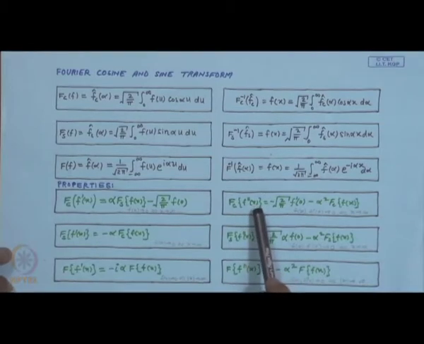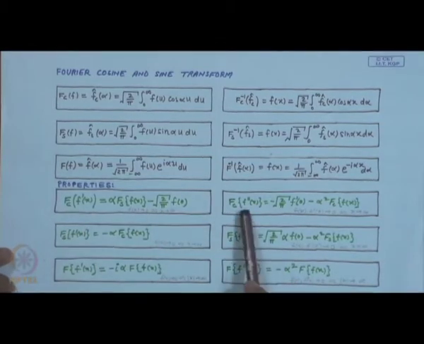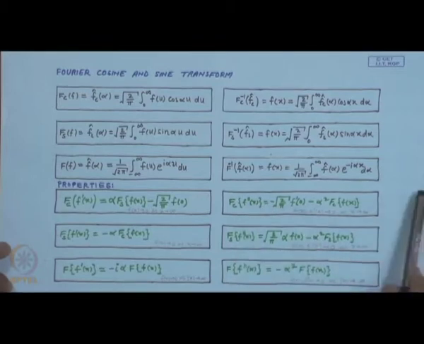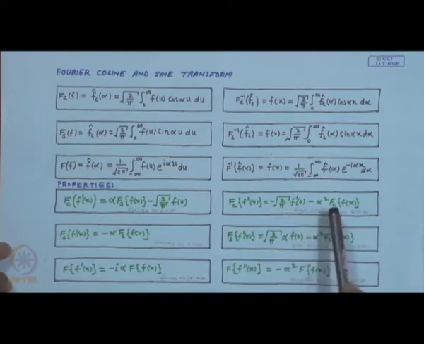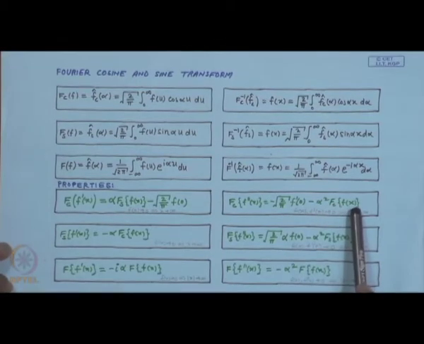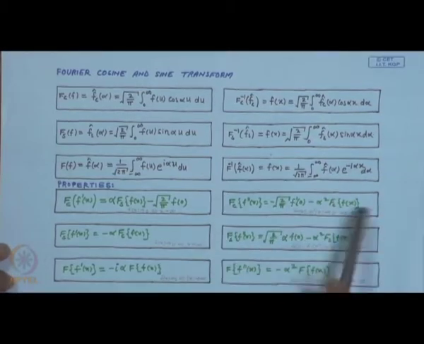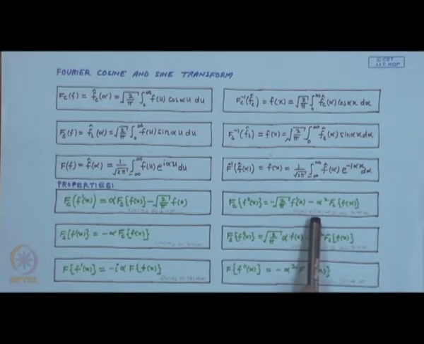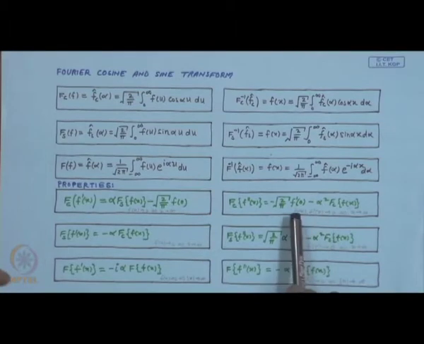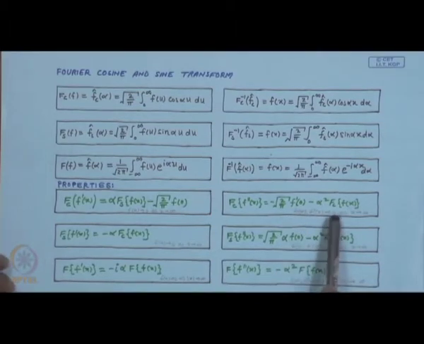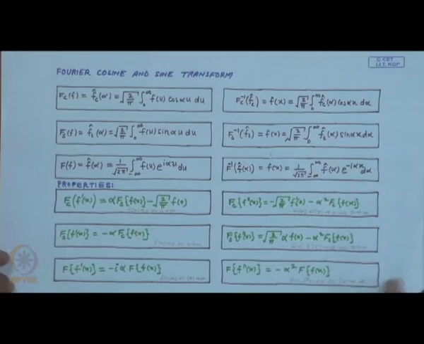For the second derivative, the Fourier cosine transform of the second derivative of f is minus square root of 2 over pi f prime(0) minus alpha squared times the Fourier cosine transform of f(x). We have this result under the conditions that f(x) and f prime(x), the function and its first derivative, approach 0 as x approaches infinity.